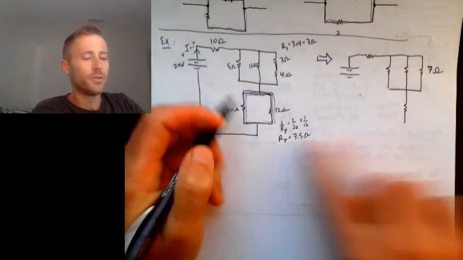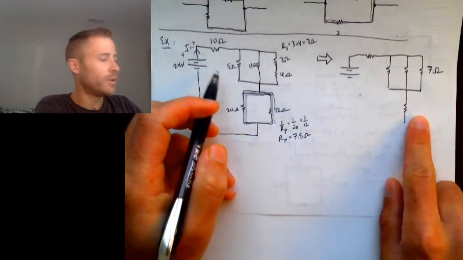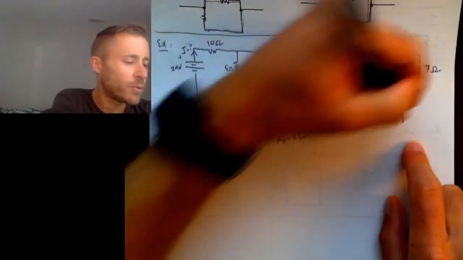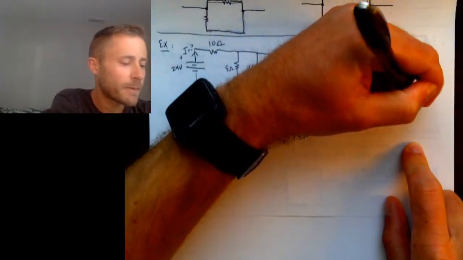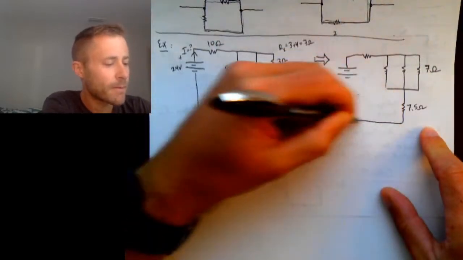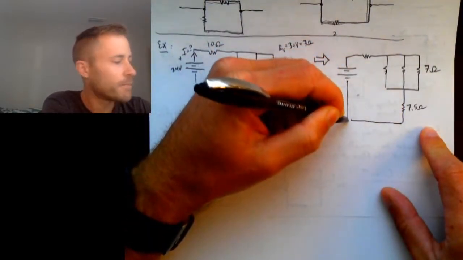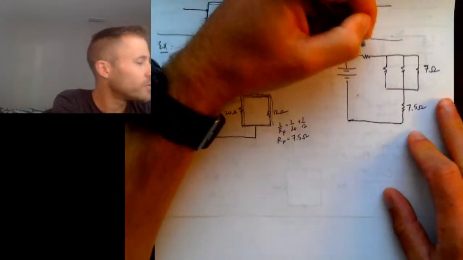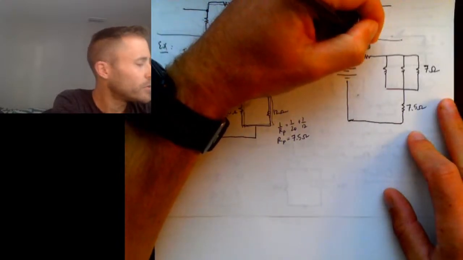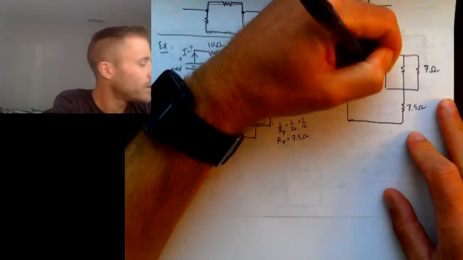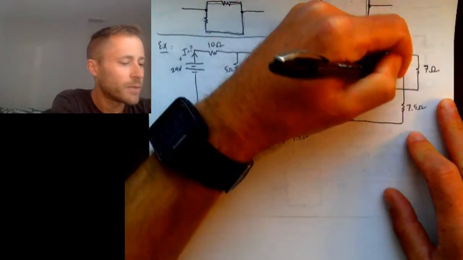And where there were two resistors here, I'm replacing it with a single 7.5 ohm resistor. Like that. Okay? And this was 10 ohms, 5 ohms, and 11 ohms.